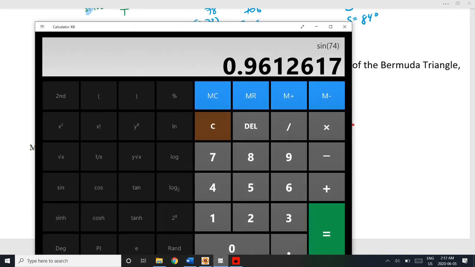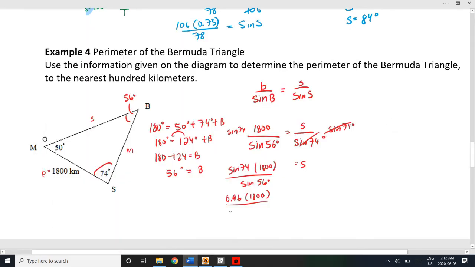So let's do that here. Sine of 56 is equal to 0.829, so let's say to two decimal places, 0.83 is equal to S.